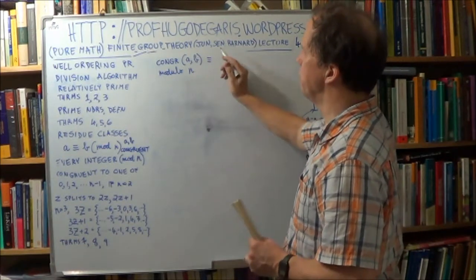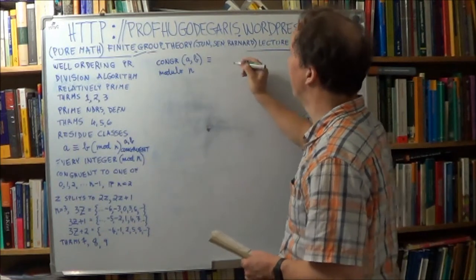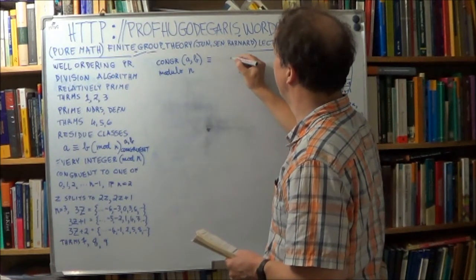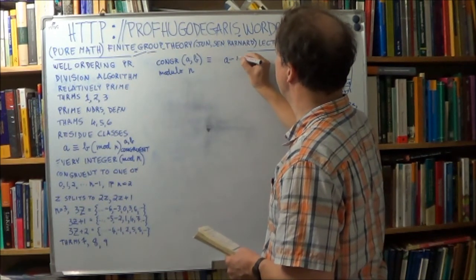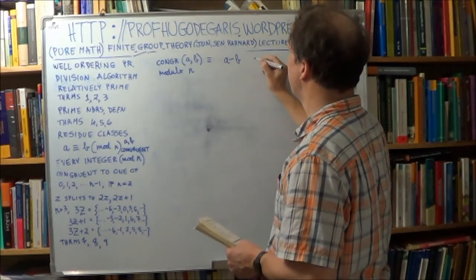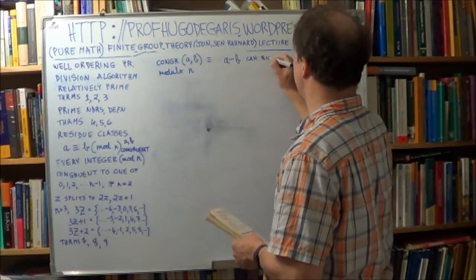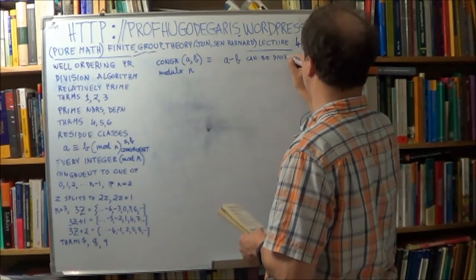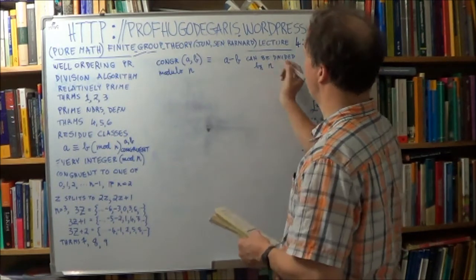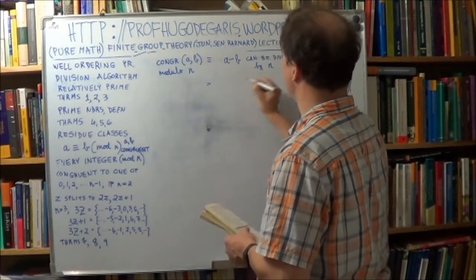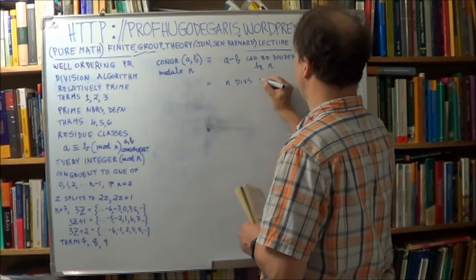So two integers are said to be congruent, modulo n, if A minus B can be divided by n. Or put it another way, which is the same thing, n divides A minus B.